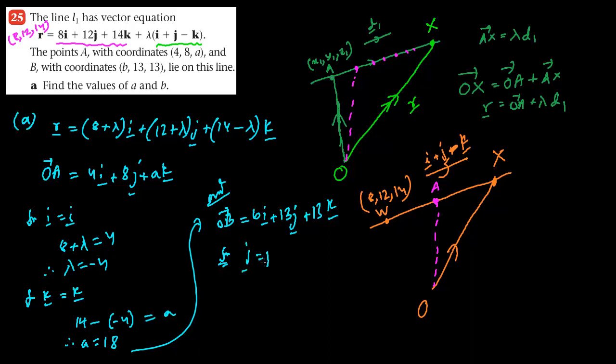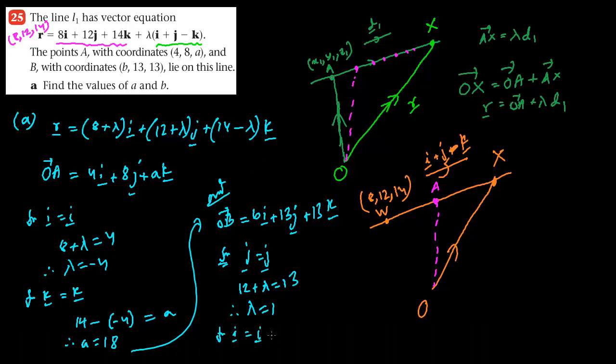So let's start with j equals j. In that case, the coefficient of j is 12 plus lambda. This equals 13. Therefore, lambda equals 1. That means even for k, the lambda is going to be 1. 14 minus lambda equals 13. Therefore, lambda would also equal 1, because for a particular point, the value of lambda is fixed for that particular point. So now we can compare i.